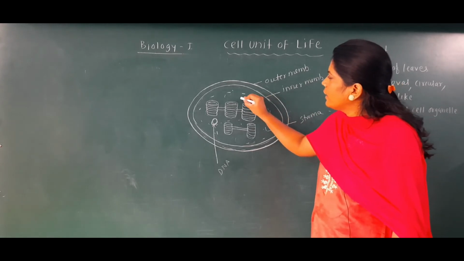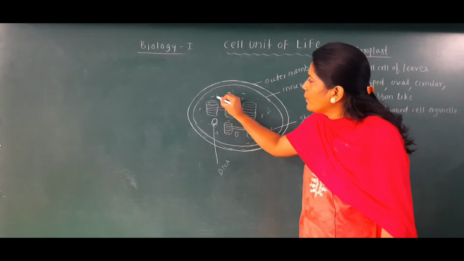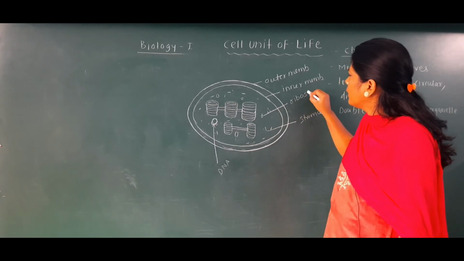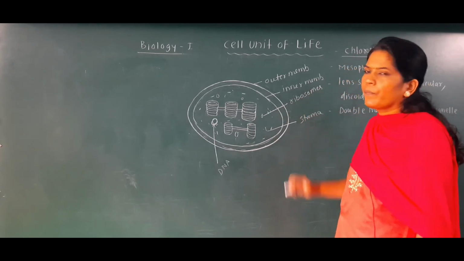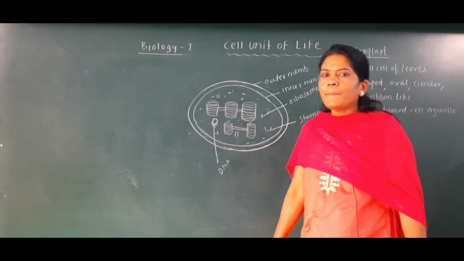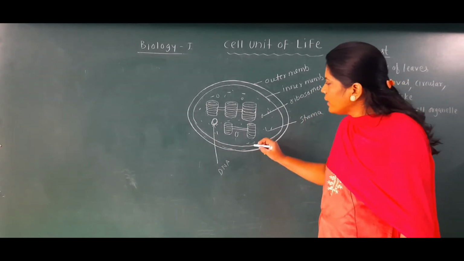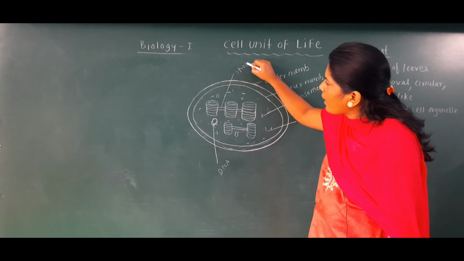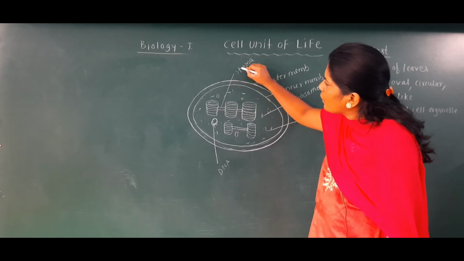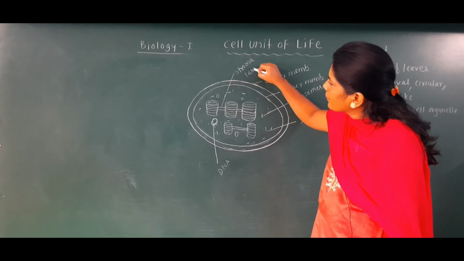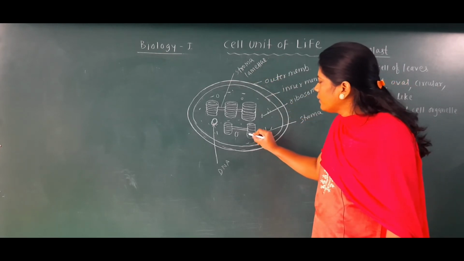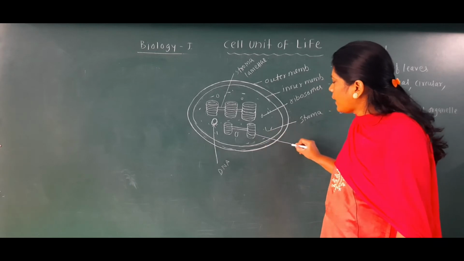Here in the stroma you can observe the ribosomes, same as in the mitochondria. Then this structure is called stroma lamellae. This is called thylakoid.